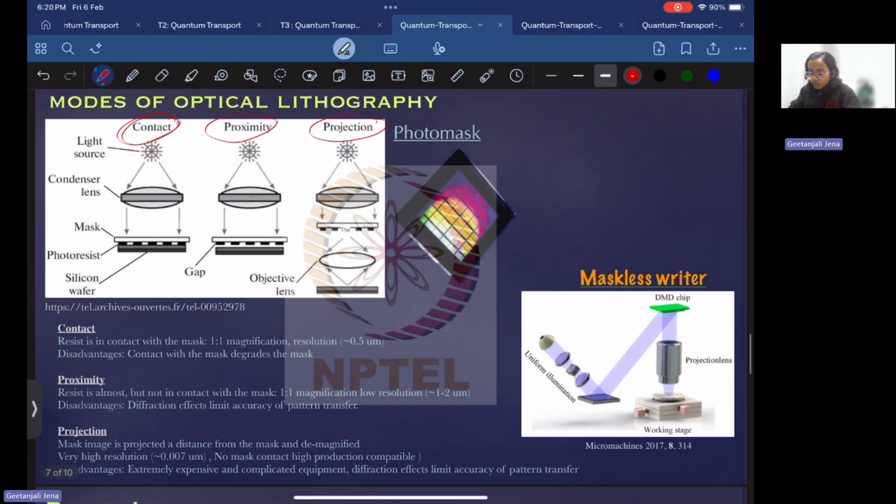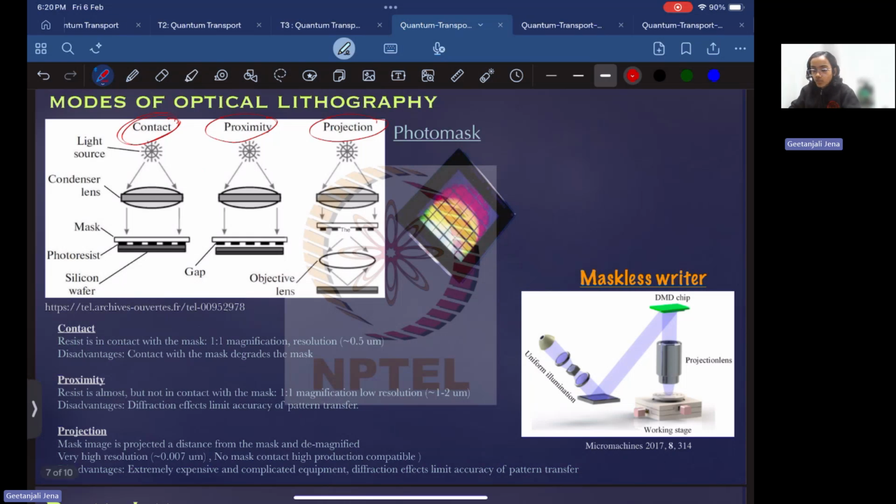In the proximity mode, what we have is a gap between the photoresist and the mask. So magnification is one to one, but the resolution is a bit larger, about two times what we have in the contact mode.